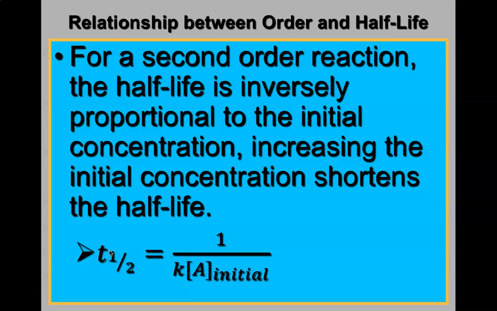So if I increase initial concentration, half-life becomes smaller. You understand an inverse relationship. But again, you should be able to discuss this conceptually on any question. Mathematically, first order half-life you may have to do, but conceptually zero and second.